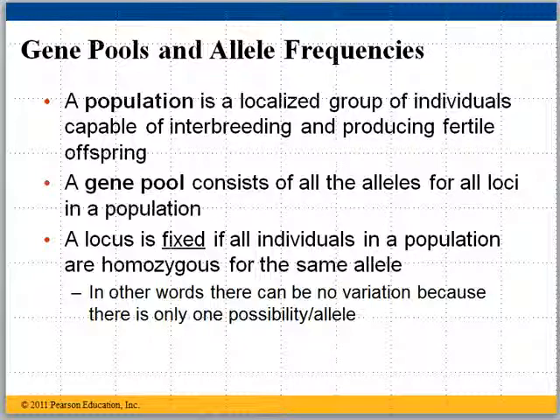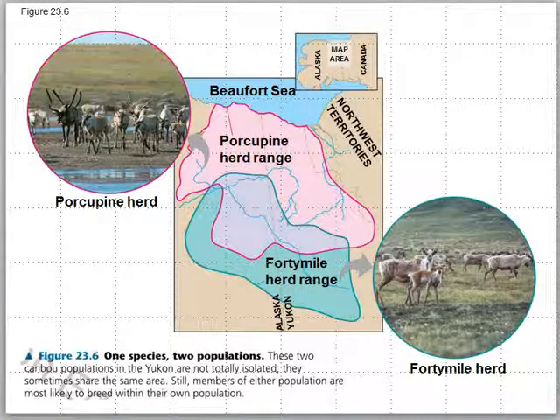So let's take a look at a quick little map or chart that you can see in your textbook. This is figure 23.6, and it shows two populations of caribou up in the Yukon, in the Alaska/Canada area. They're not totally isolated from each other. You do see that the ranges of these two populations pretty much overlap, but that doesn't mean they're all together at the same time.